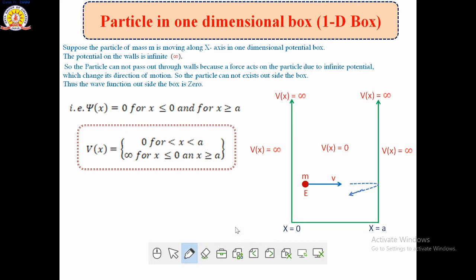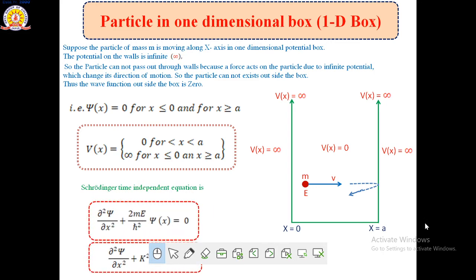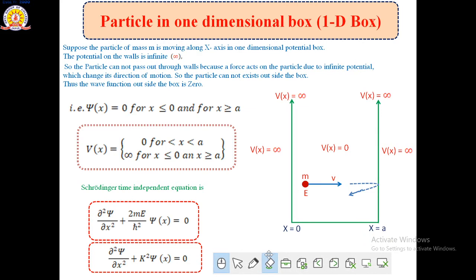We have the Schrodinger time independent wave equation like this. I already derived that equation. For free space, d2 psi upon dx square plus 2mE upon h cross square psi of x is equal to 0.